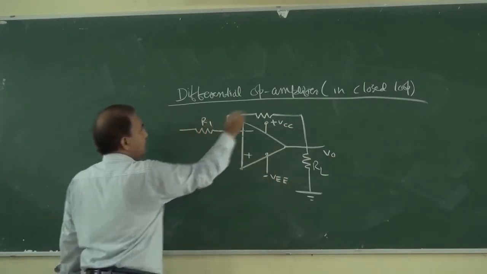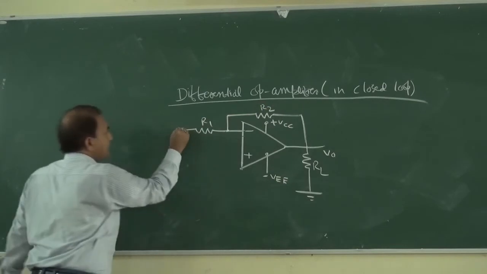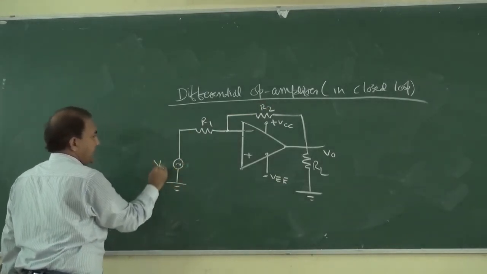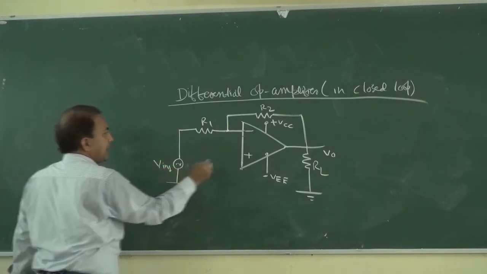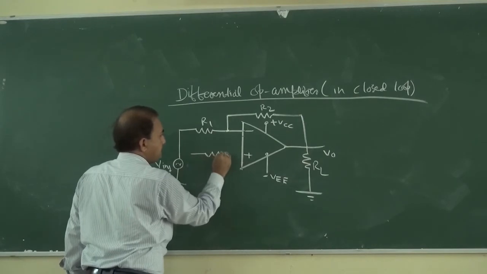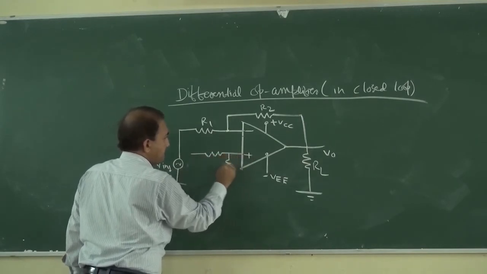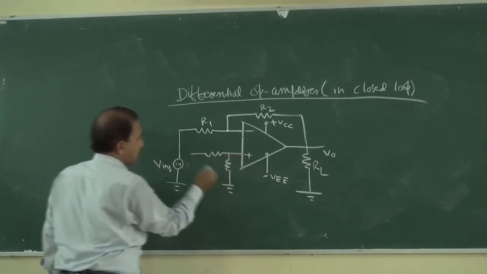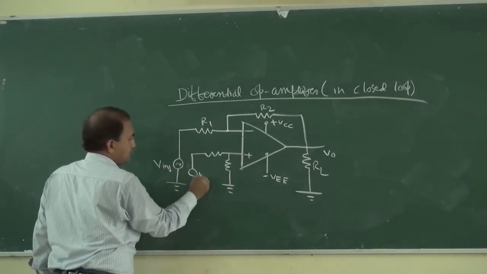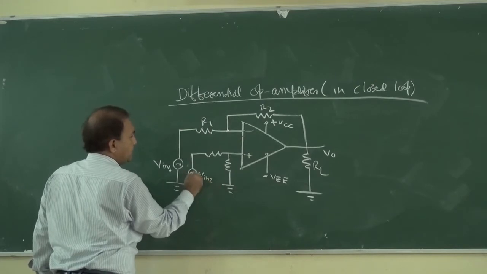This is R1, this is R2, and it is connected to V in 1. Suppose this is connected to V in 2.